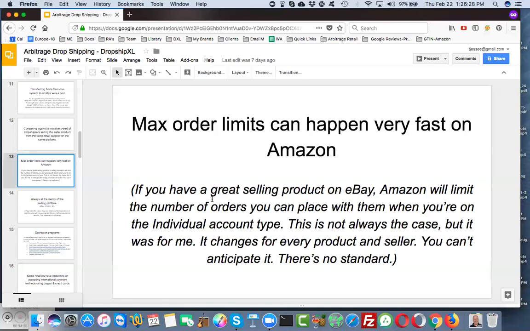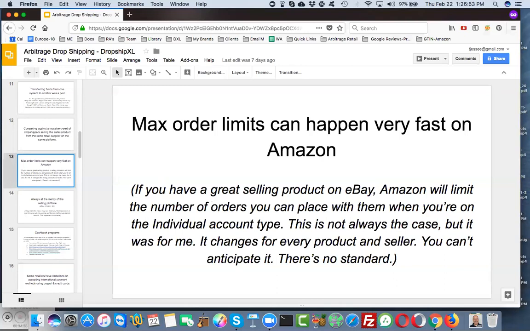But they don't like drop shippers to abuse Prime. So when they see someone buying big quantities of the same product, they will identify him as someone abusing the Prime account, and they will cancel his Prime membership. This is one thing.